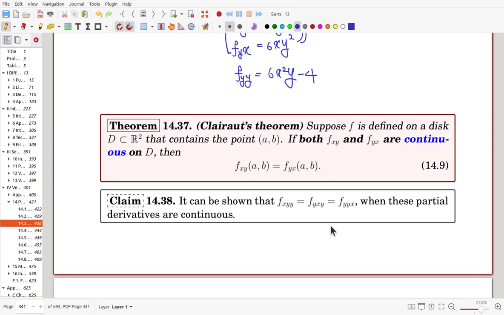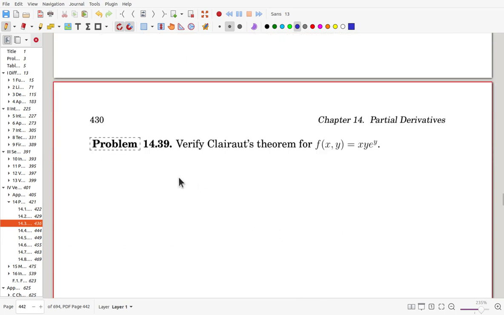You can easily see in many cases if the derivatives are continuous. For this one, you can easily see that after derivative, it'll be continuous, right? Okay, so let's try to verify the theorem.